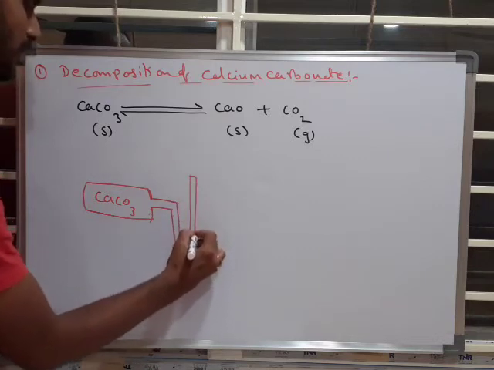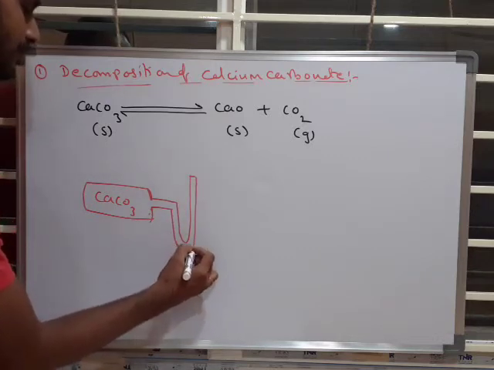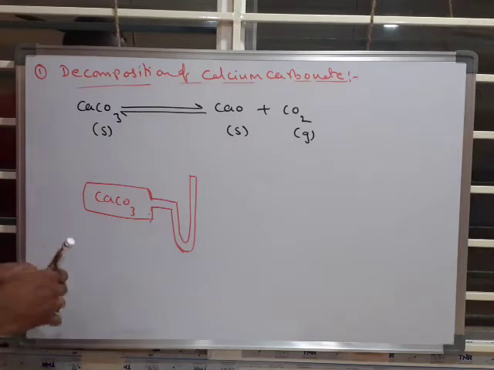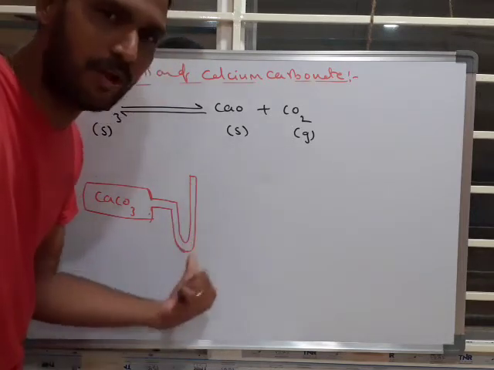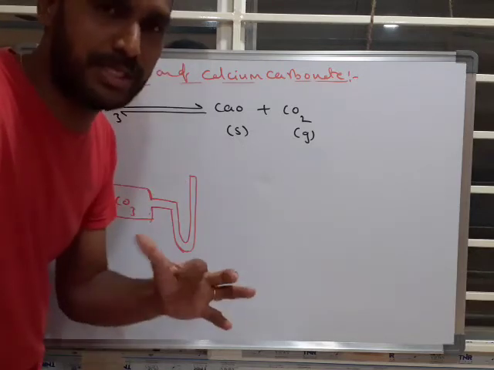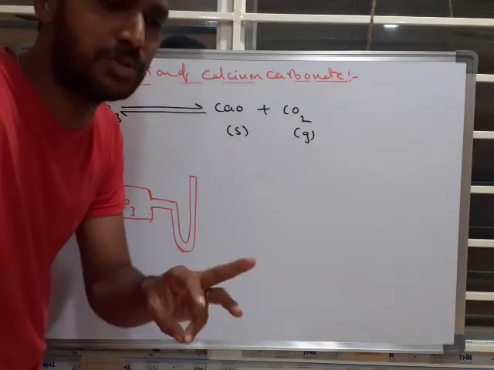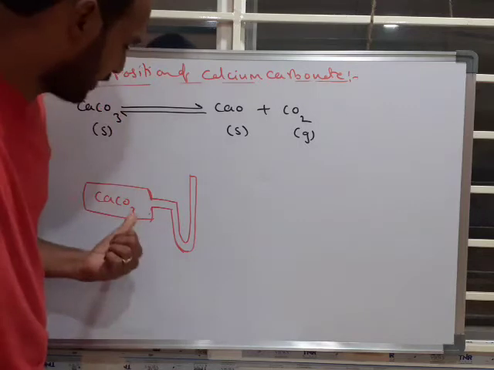So what is a manometer? It tells about the pressure. It is a half U-shaped tube connection. In the manometer we are able to find the pressure inside the tube.